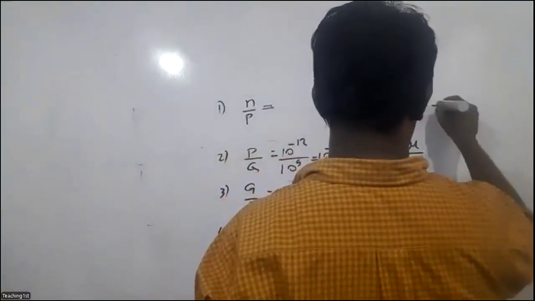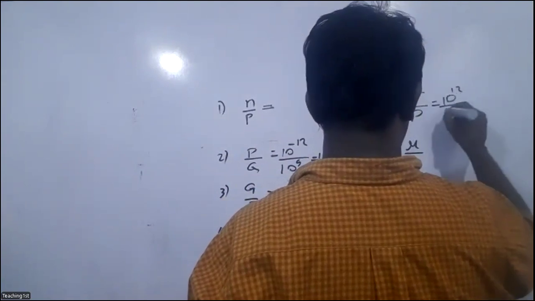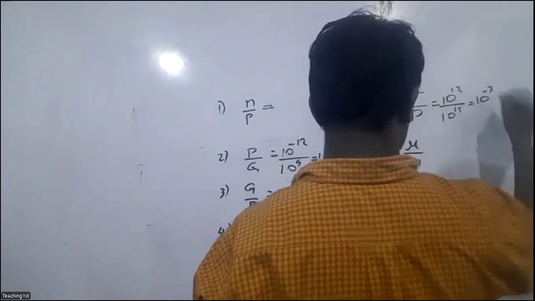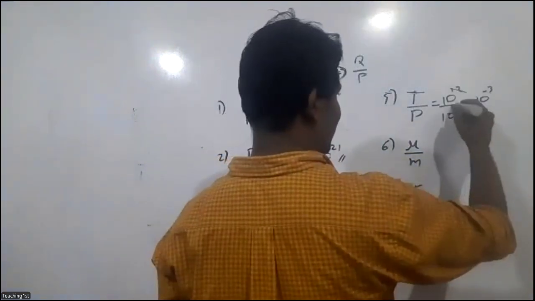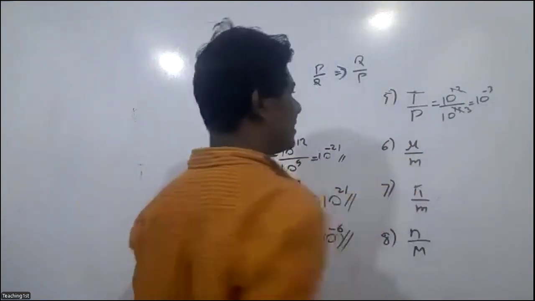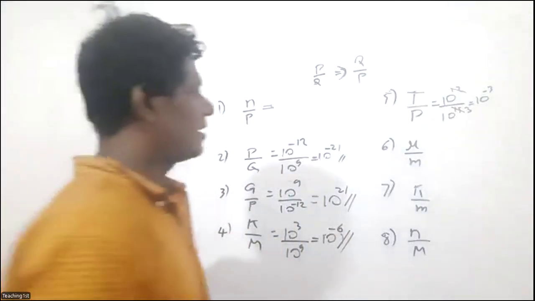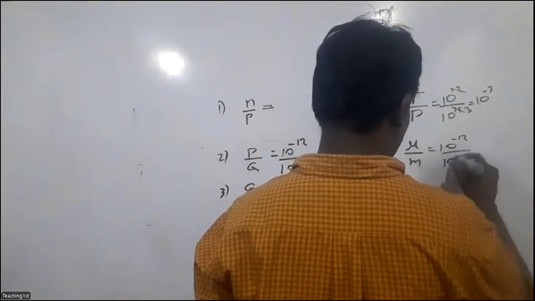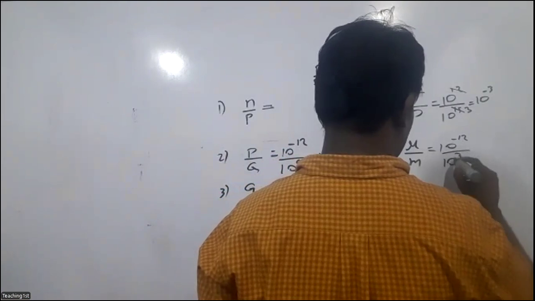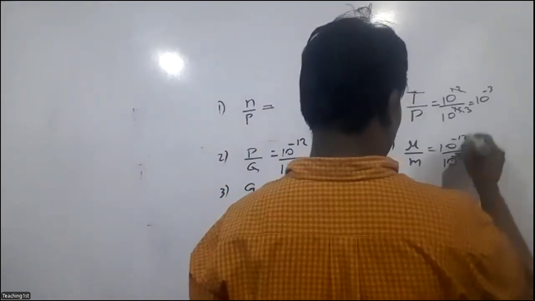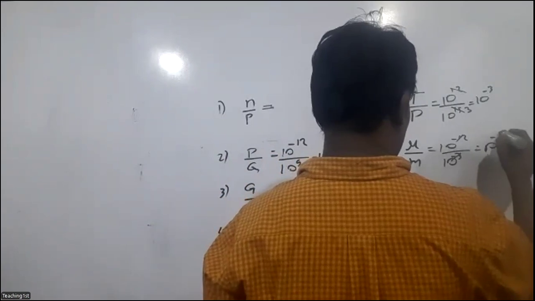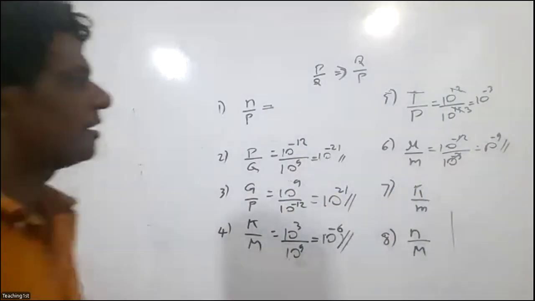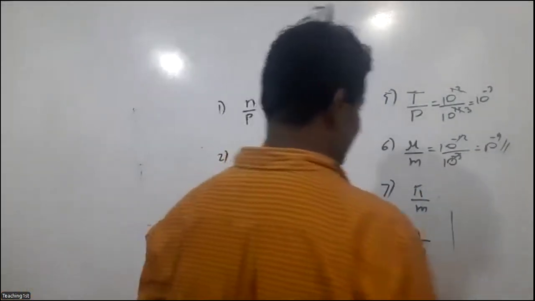Tera over peta. 10 to the power 12 divided by 10 to the power 15. So it is 10 to the power minus 3 only. This one and this one cancel off, only 3 remaining. That goes up. Okay. 10 to the power minus 12 divided by 10 to the power minus 3. So cancel off, only minus 9 will be remaining. So 10 to the power minus 9 will be remaining.